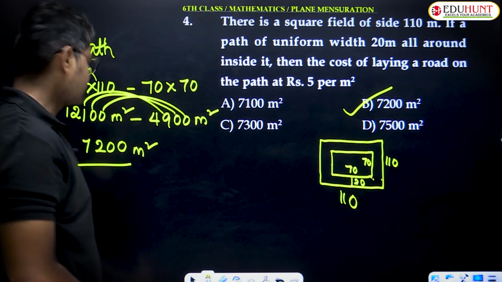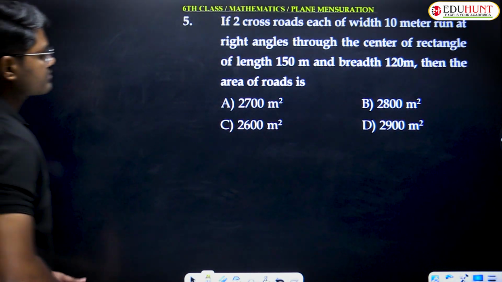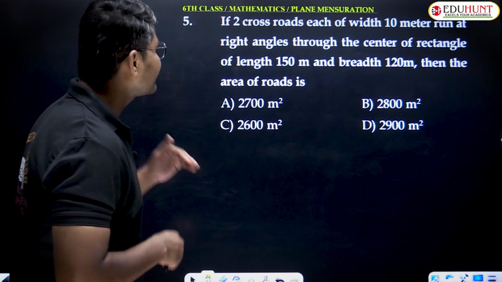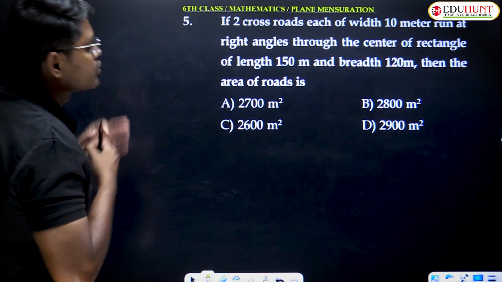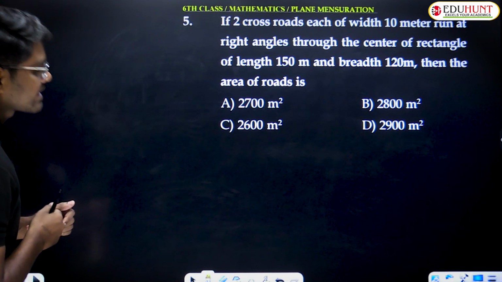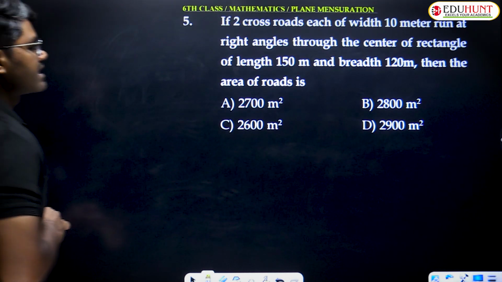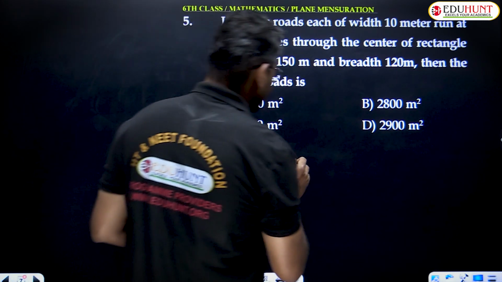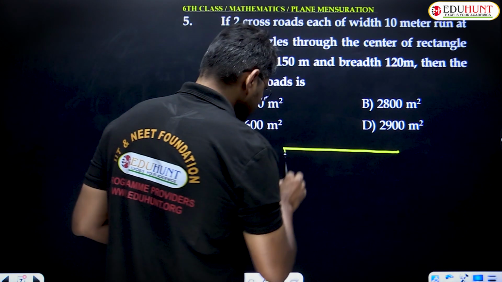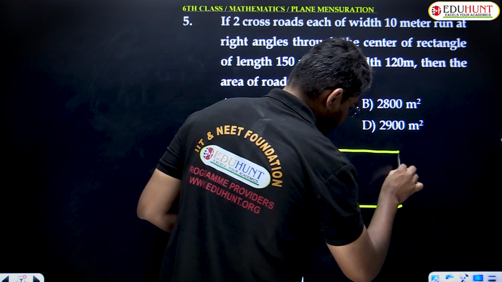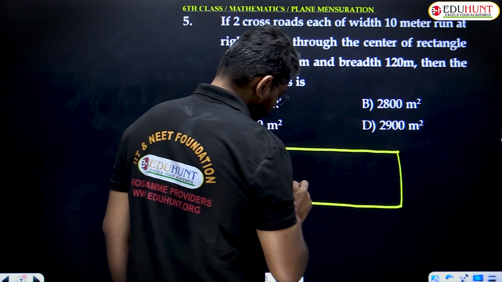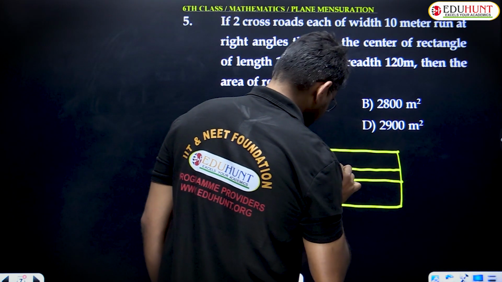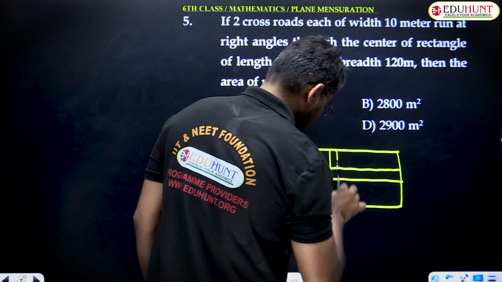Let's see the next one. If two crossroads each of width 10 meters run at right angles through the center of a rectangle of length 150 meters and breadth 120 meters, then find the area of the crossroads. This is a rectangle. These are crossroads.